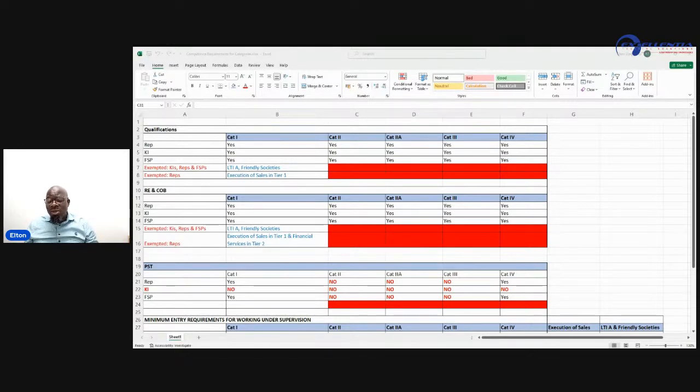So if I ask you a question, which I want to ask now, and you must answer, and you must check whether you've got the right answer after I give the answer. True or false, is a KI who is doing execution of sales exempted from RE, class of business, and qualification?